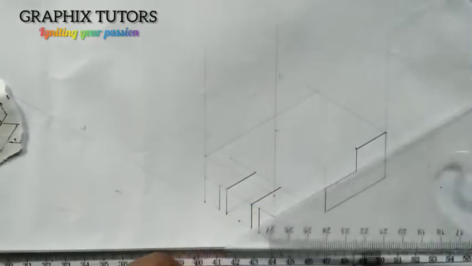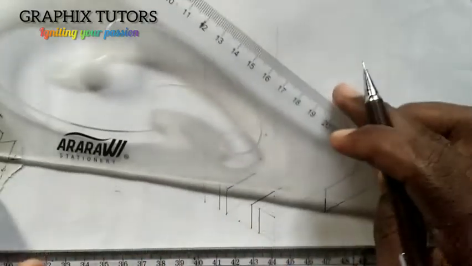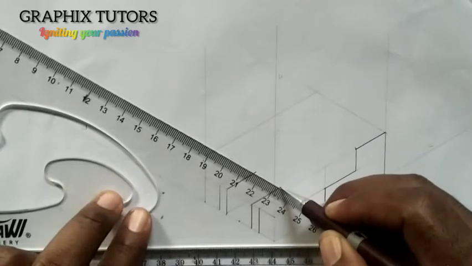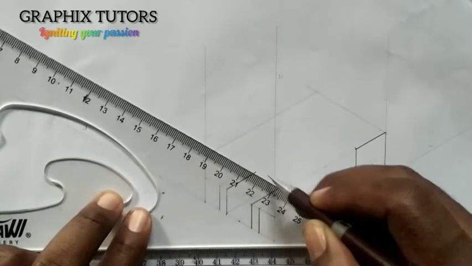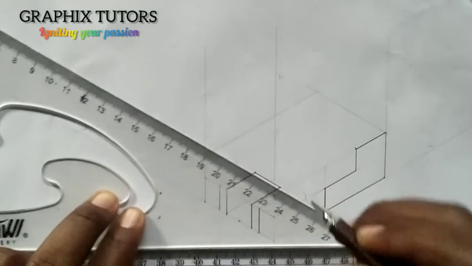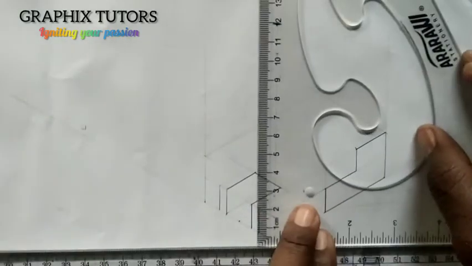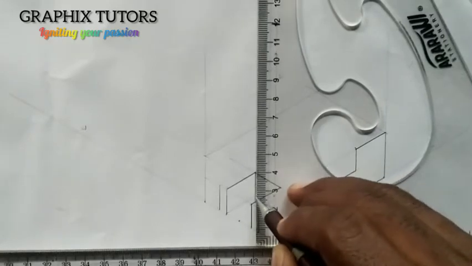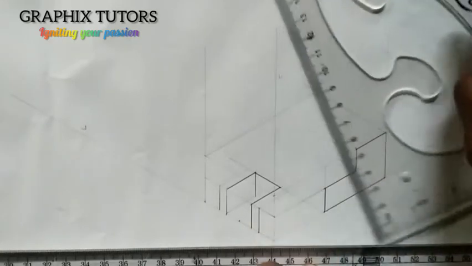So I'm going to join it together. Everything I'm drawing with my 30-degree set square. So I'll draw this together and touch, cover these two. And also I'll bring this down too, to touch the line I measured earlier, right?